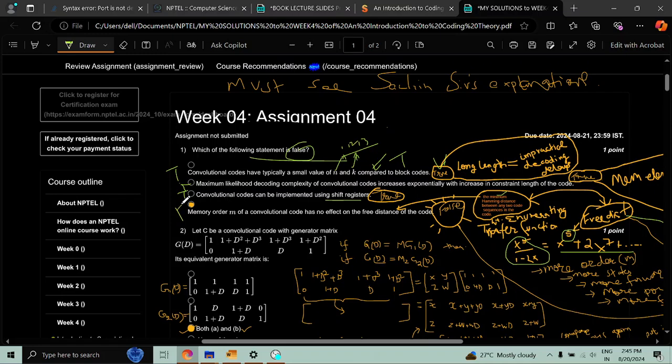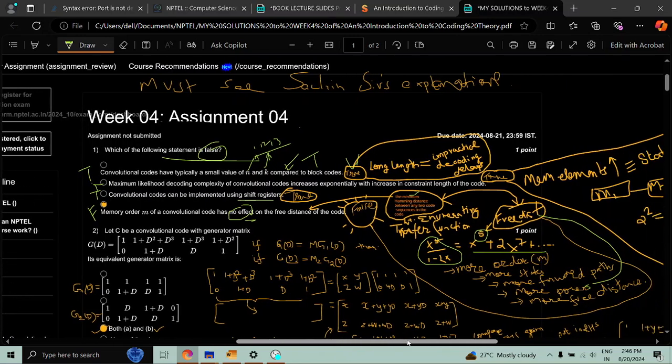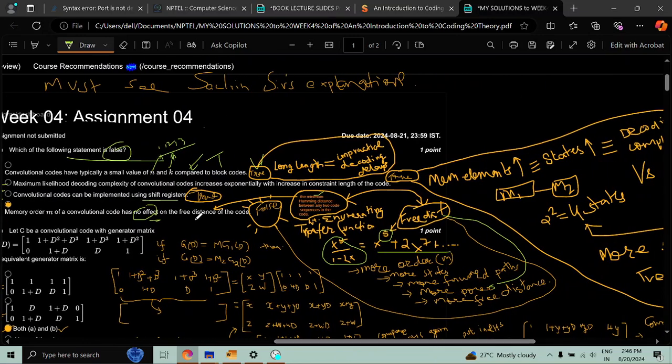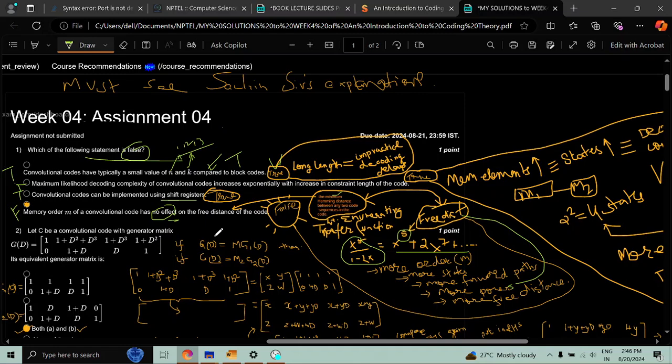The last statement is false, because memory order m of a convolution code does have an effect on free distance. Here it is said to have no effect, but that is not true. Why does it have an effect? If you have some memory order m and you want to see the free distance, when we make the transfer function, the power of the variable x gives the free distance.